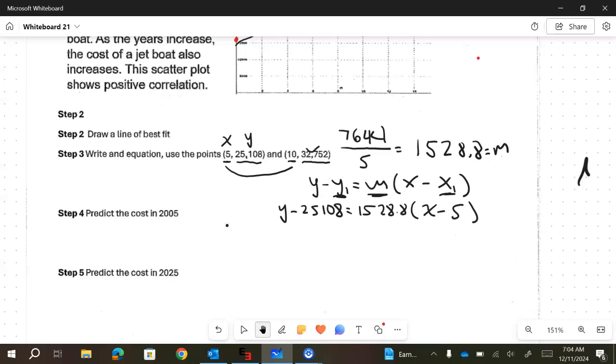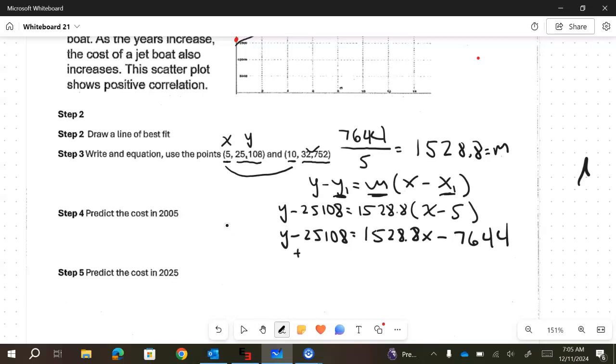I really would like this in a more simplified form, though, so I'm going to write it in slope-intercept form. So remember, there's 2 steps to that. I need to multiply everything in parentheses by 1,528.8. So I'm going to multiply that number by x, and then I'm going to multiply that number by 5, which is going to give me 7,644. And now I need to get rid of the 25,000 on both sides.